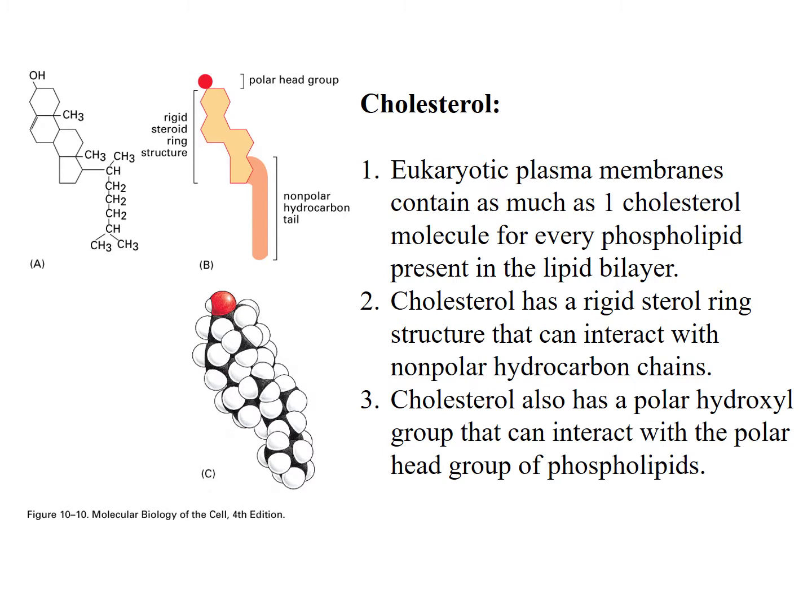And it can interact with other phospholipids. So cholesterol can, through the polar head group, interact with other phospholipids. And cholesterol actually prevents, like I said, the freezing of the membranes. It can be embedded in different areas of our membranes and resists packing.